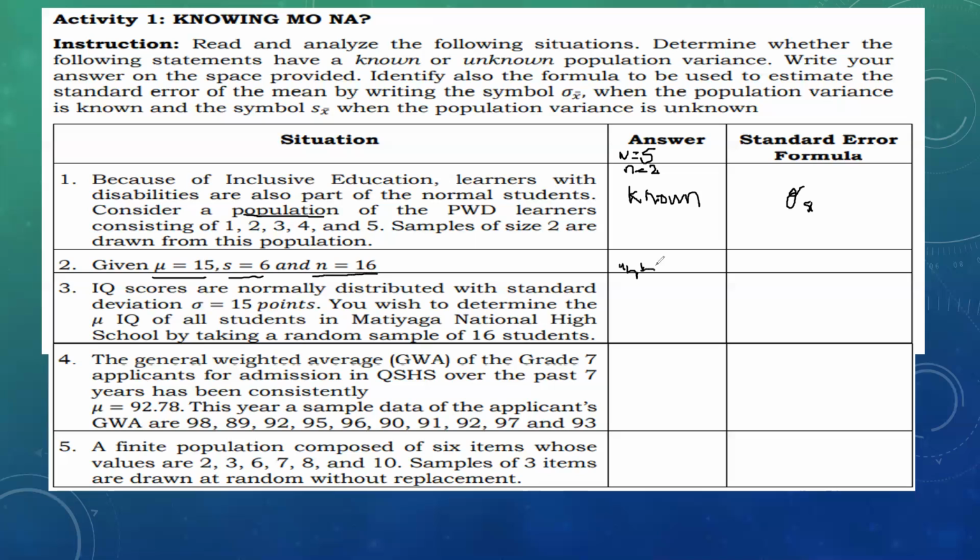Hindi natin kaya hanapin ang variance kung ang given lang naman sa atin ay mean of the population. Unlike here, it is given ang bawat isang variable. Pero pag ang given lang sa atin ay mean, hindi na natin mahanap ang kanyang variance kasi hindi natin mga minus yun. So, ibig sabihin that's unknown. So, we'll be using S of the mean.